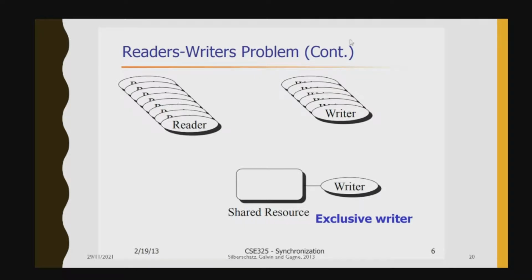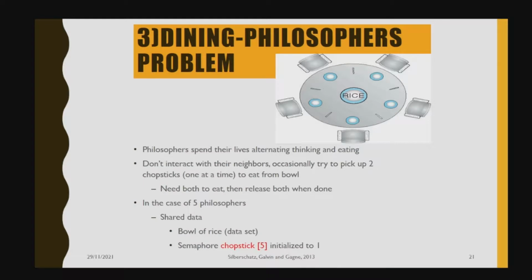Okay, this one we have the exclusive writer. So only when we allow the writer to do something on the shared data or shared resources, the others need to do nothing.